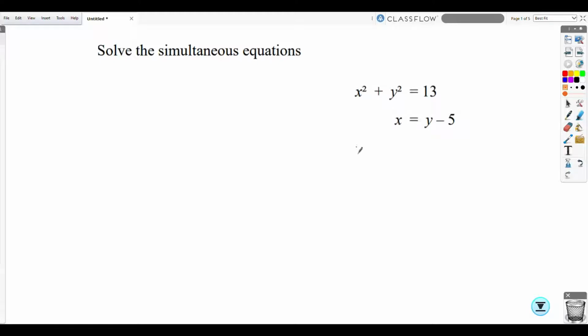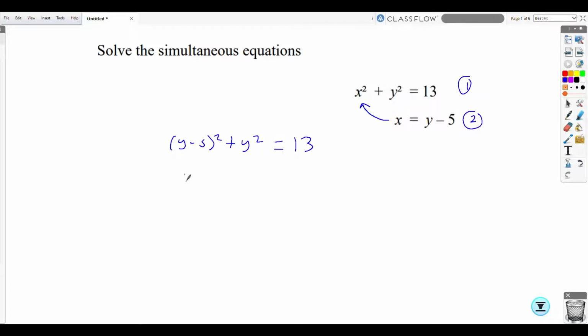So if we label them 1 and 2, I want to substitute equation 2 into equation 1. Well, it's already given me it in a form that I can substitute straight in. So I can just replace the x with this equation here. So instead of an x, I now have (y minus 5) squared plus y squared is equal to 30.